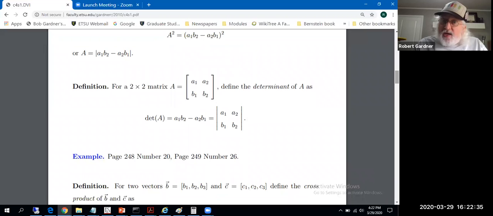With that as motivation, we're going to define the determinant of a 2x2 matrix as follows. We have a matrix A, the first row of which is A1, A2. The second row is B1, B2. Define the determinant of A as A1 B2 minus A2 B1. It's also sometimes denoted with these long bars. These are not absolute values.